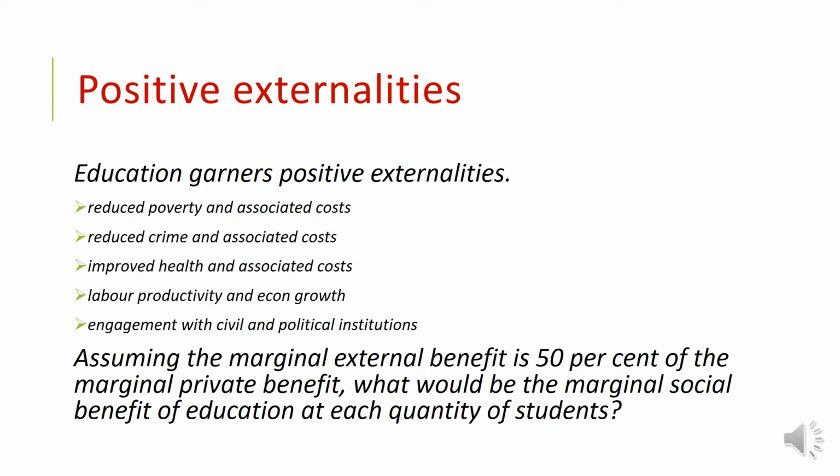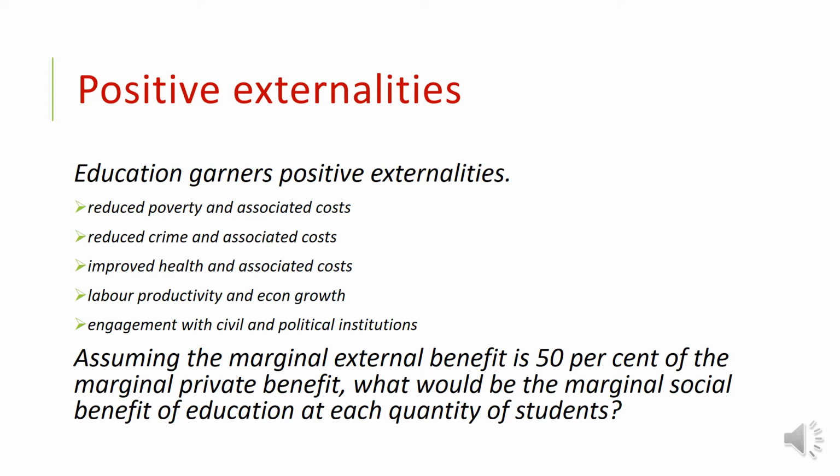So, for example, by virtue of education, there tends to be a reduction in poverty and the associated costs with that. There's reduced crime and a reduction in the associated costs of crime. There tends to be improved health outcomes and therefore lower health costs for everyone else as well. They don't have to pay for the same higher health costs.